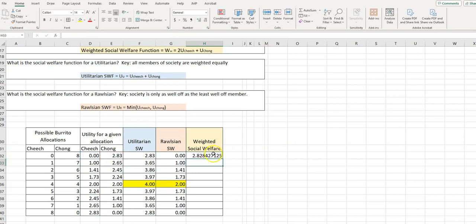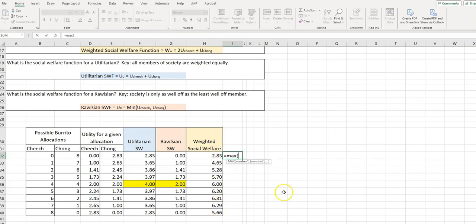Okay, and so then I will drag this formula down, and I just don't like all those decimal places, so what we're going to do here is, again, try to identify the highest value, and if you want, you could always do an equals max formula to identify which of these values is biggest.